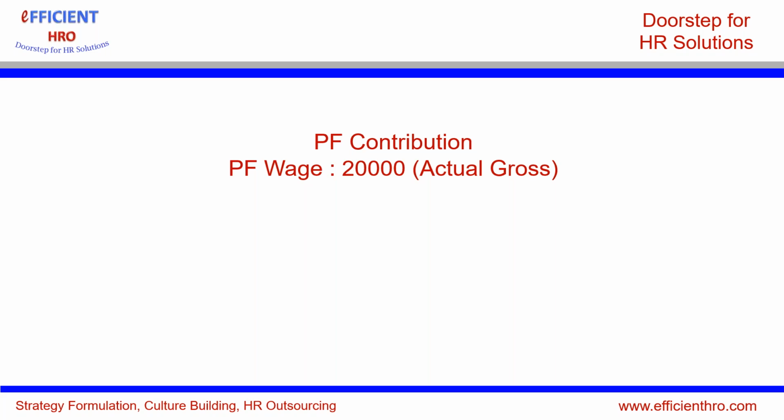Okay. Now the PF wages, let's say of Mr. X, is 20,000. Now how the PF will get deducted and how much PF amount will get deposited under each head, that part will be shared.